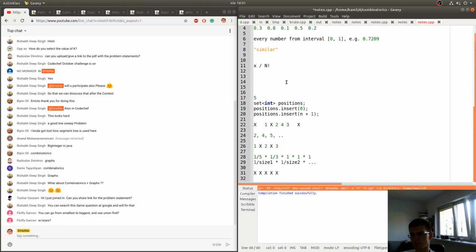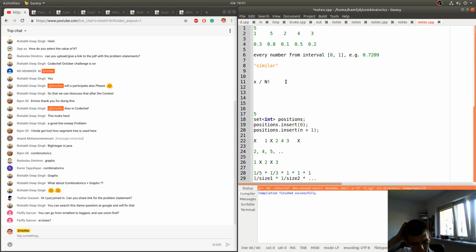And also I will say a few words about a more combinatorics approach, because here we just talked about probability. We said that we can count the number of good permutations and divide it by n factorial.